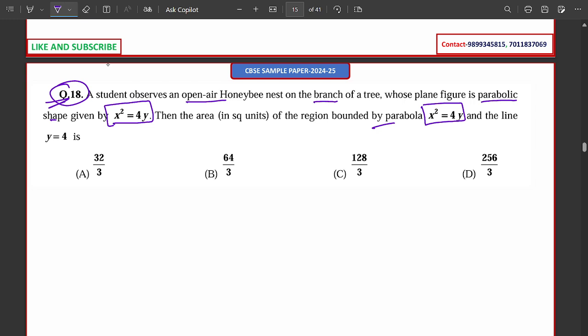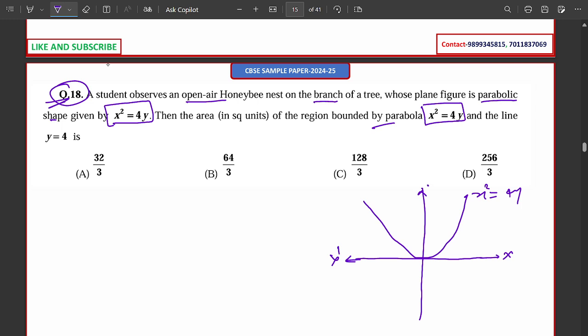Basically, first of all, let us understand the graph of this question. This is a graph for x square is equal to 4y, with x dash, y and y dash axes, and the line y is equal to 4.